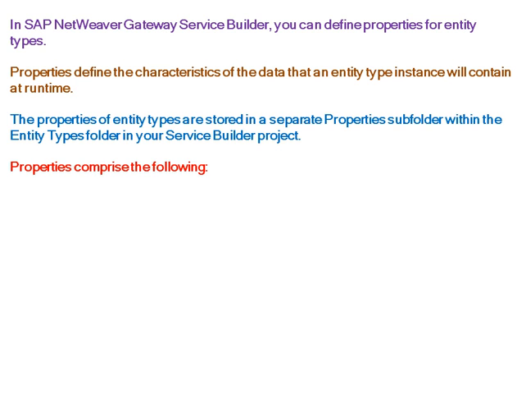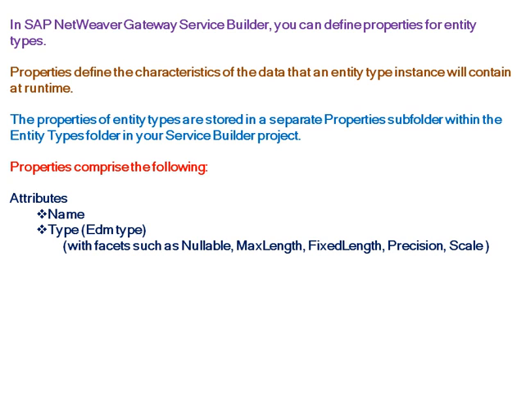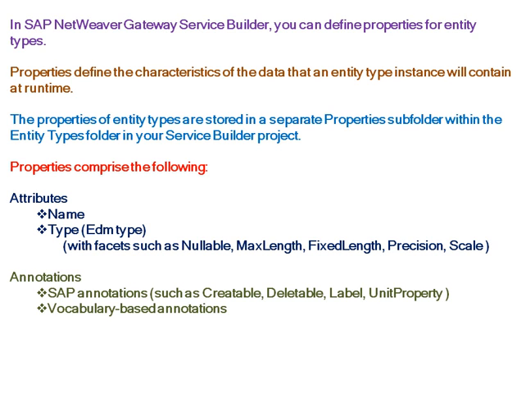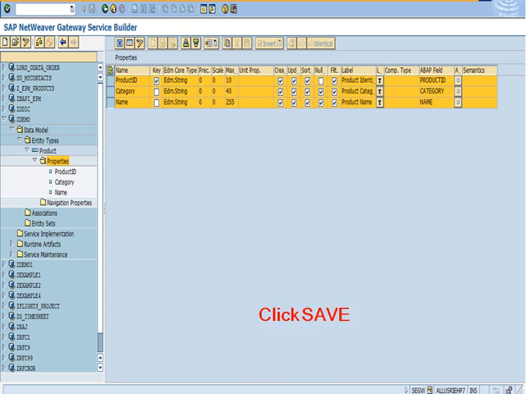Properties comprise the following: attributes, your name, type, and annotations like SAP annotations such as creatable, deletable, label, unit property, and vocabulary based annotations. ABAP type information, where ABAP field name and ABAP type. Click save.